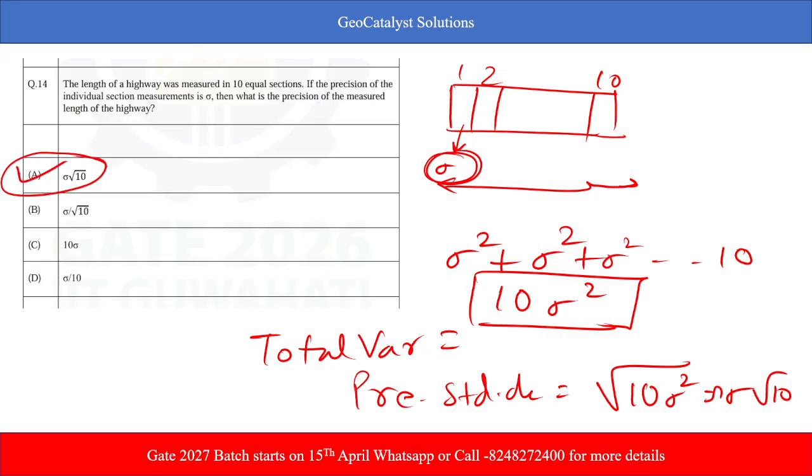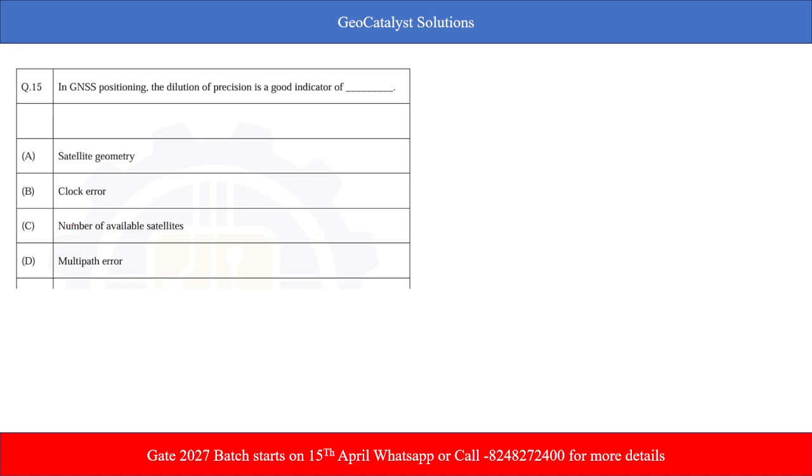Now moving to question 15. In GNSS positioning, the dilution of precision is a good indicator of what? We have discussed this question before also in our theory classes.